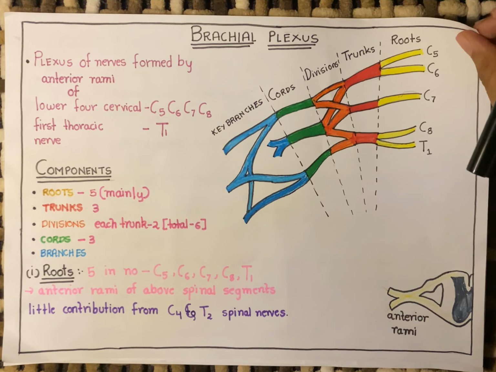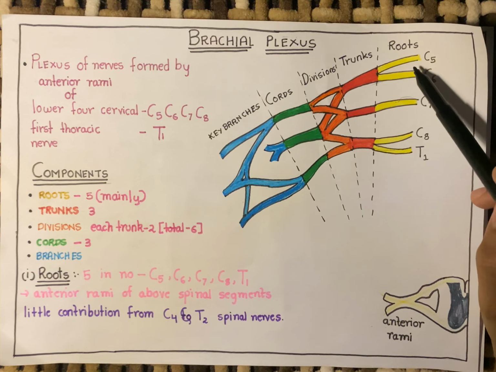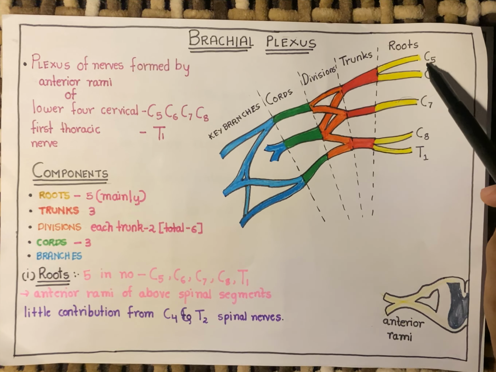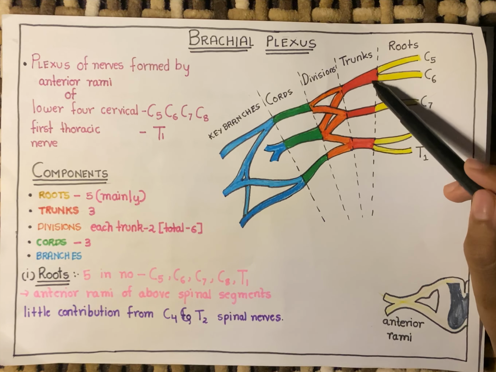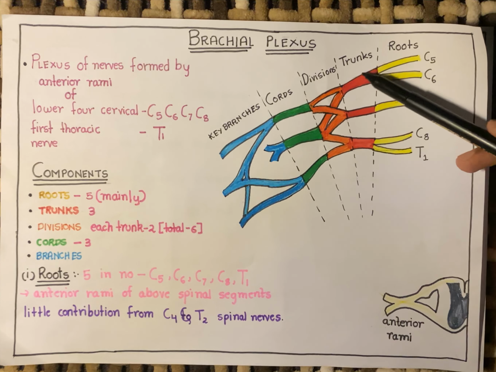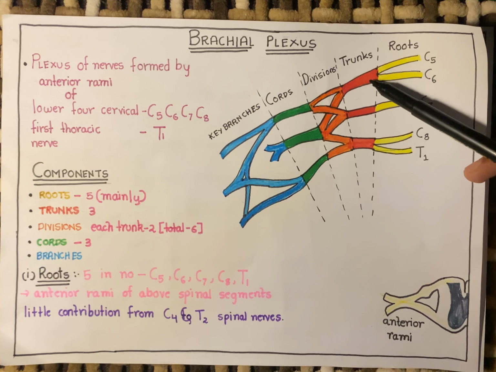Now, moving on to the second topic, which is that of trunks. Please have a look at this diagram. Here you can see that the roots of the C5 and C6 spinal segments are fusing with each other in order to form the trunk situated in the uppermost position. Hence, this is the upper trunk.